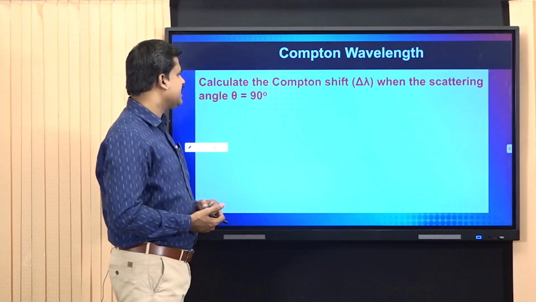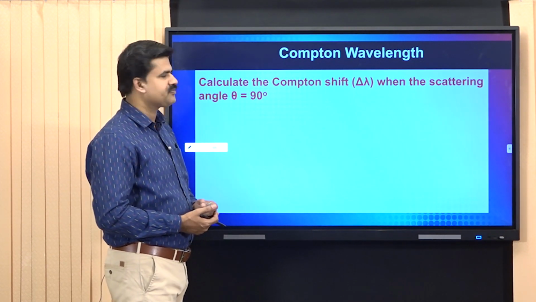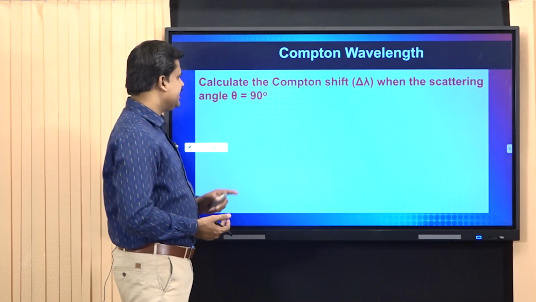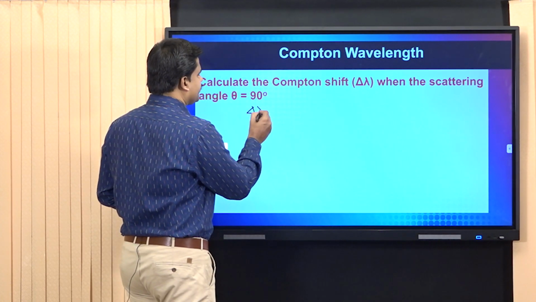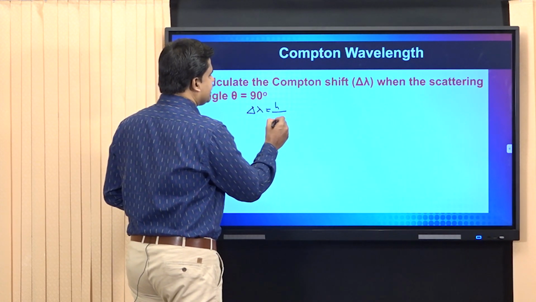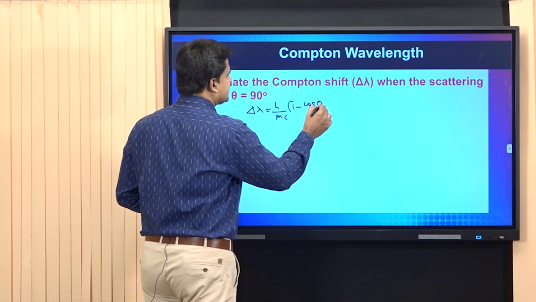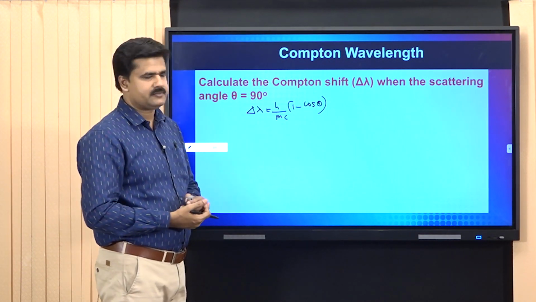Hence the scattering angle theta is equal to 90 degree. Thus, we can use the relation delta lambda equal to h by mc into 1 minus cos theta, again for finding out the Compton shift.